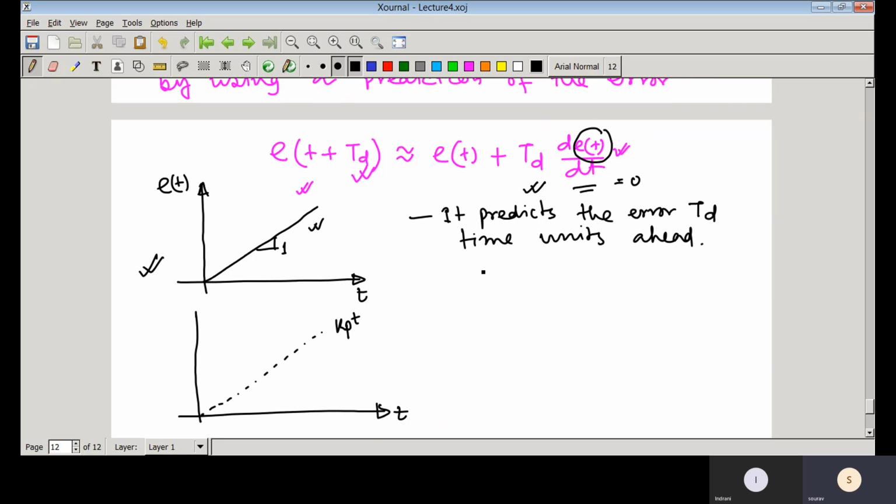And the PD, you can see here as e(t) equal to t, that means there would be a jump here, that is Td, and finally this output is actually the PD output, proportional plus derivative. So PD is proportional plus derivative.